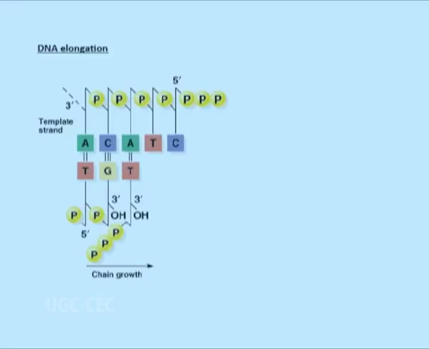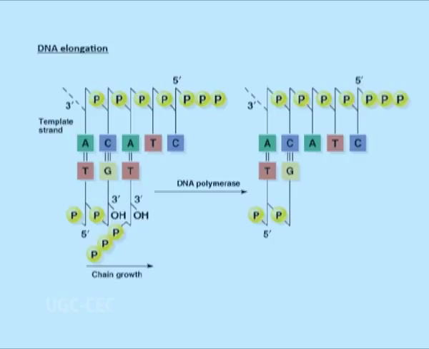The incoming deoxynucleotides are added one after another to the 3' end of the growing DNA chain. A molecule of pyrophosphate is removed with the addition of each nucleotide. The sequence of the newly synthesized DNA is determined by template DNA strand complementarity.